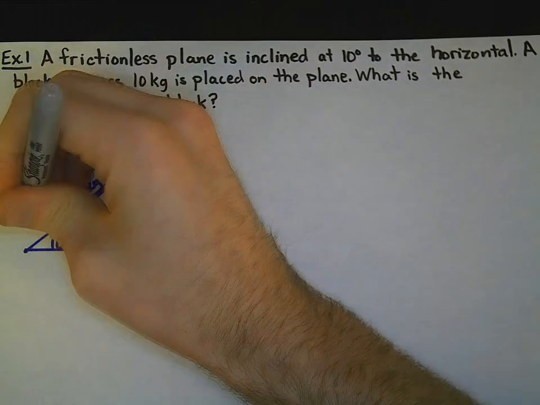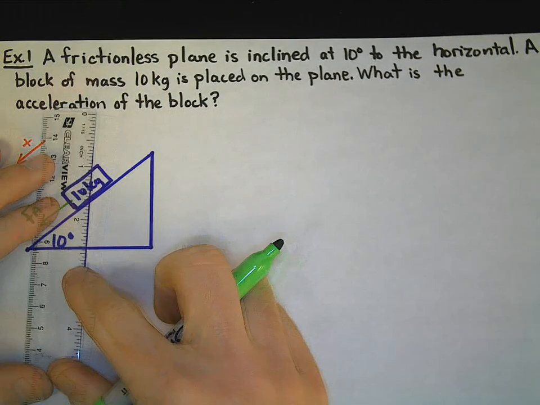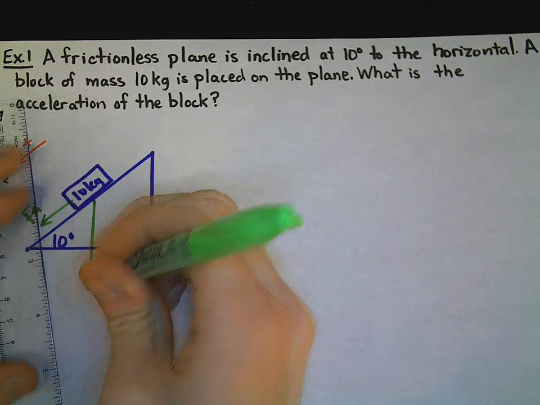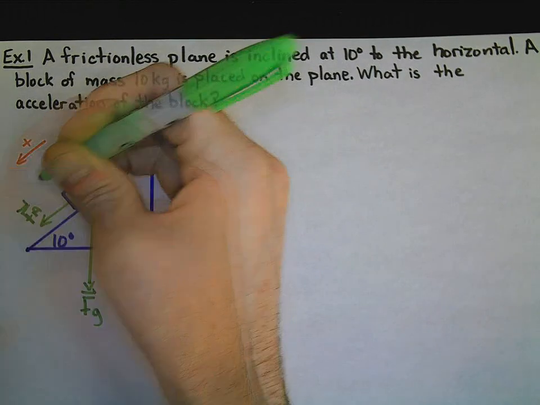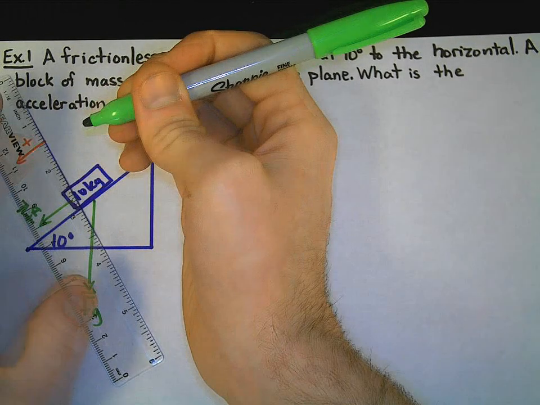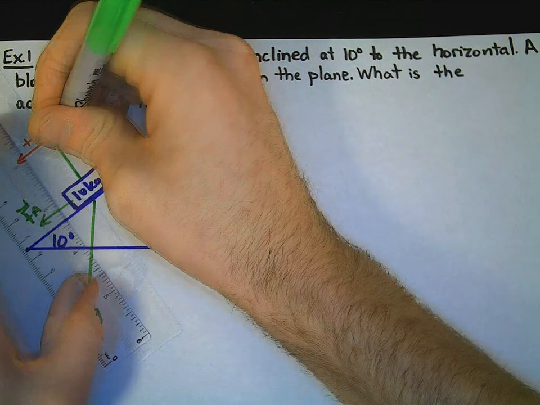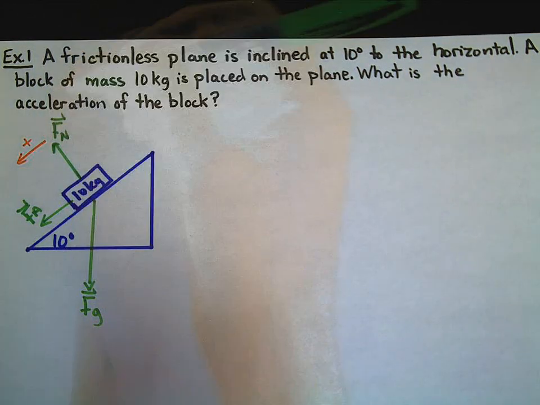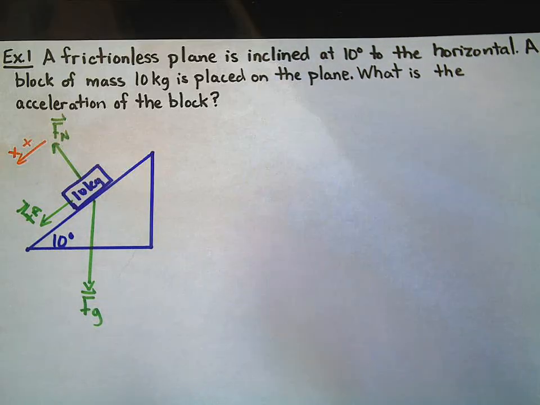So we have our applied force, we have a force of gravity acting down, and we have our normal force, which is perpendicular to the surface. And we're going to call this our positive x direction as well.